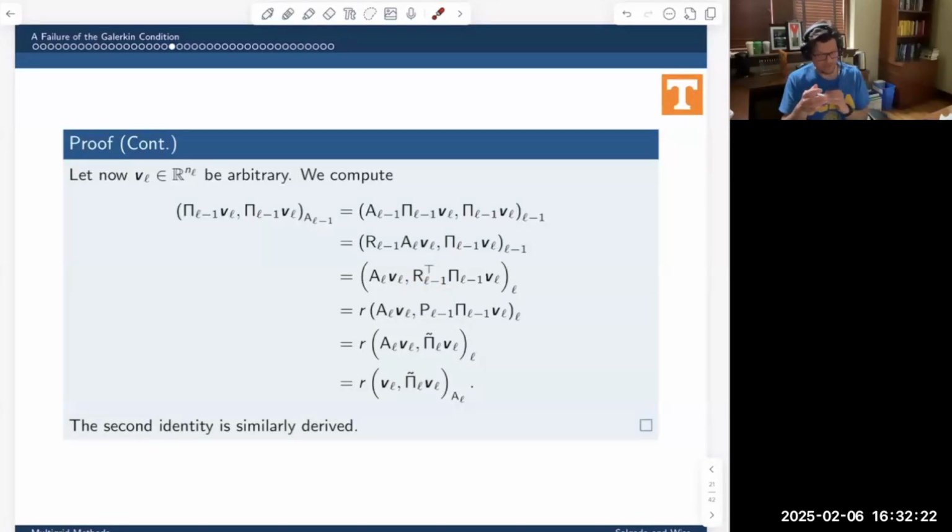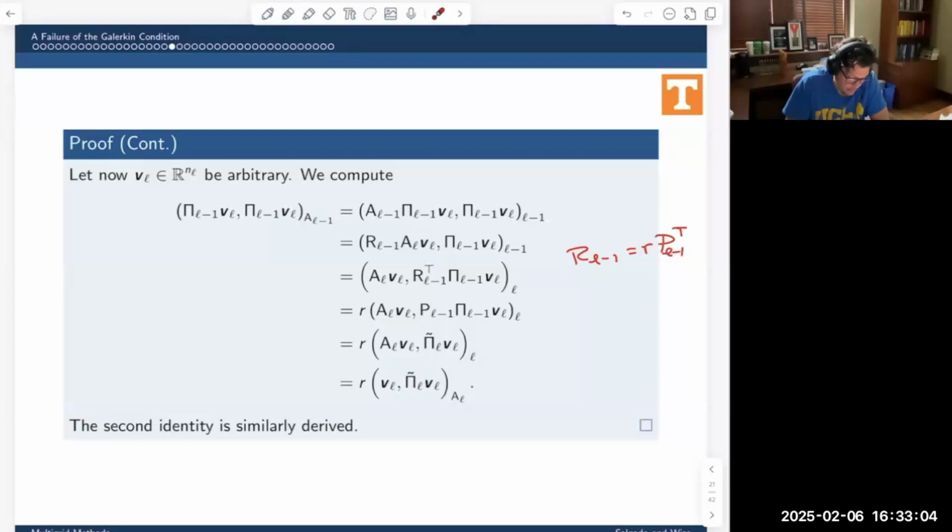We no longer have a symmetric balance between R and P. R_{l-1} transpose is equal to, it's easy to show, R times P_{l-1}. We said R_{l-1} is equal to R times P_{l-1} transpose. Take the transpose of both sides. The transpose doesn't affect the R, so this just becomes a P, and this becomes R_{l-1} transpose. If I plunk that in there, then I get R times P_{l-1}. The R I can bring all the way out front. All right, fine there.